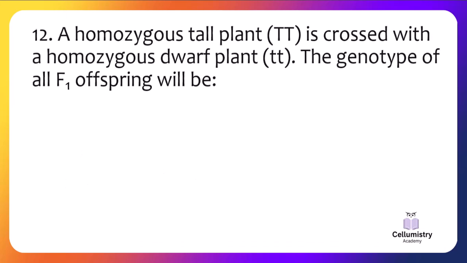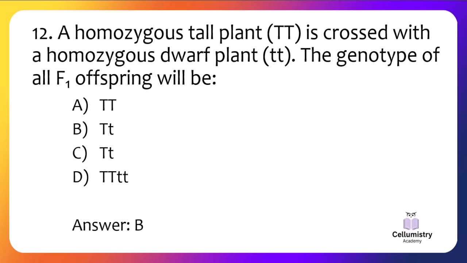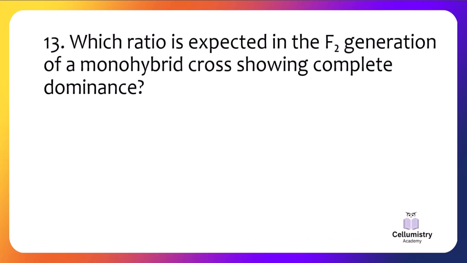A homozygous tall plant capital T capital T is crossed with a homozygous dwarf plant small t small t. The genotype of all F1 offspring will be... Answer is B. Capital T small t. Which ratio is expected in the F2 generation of a monohybrid cross showing complete dominance?